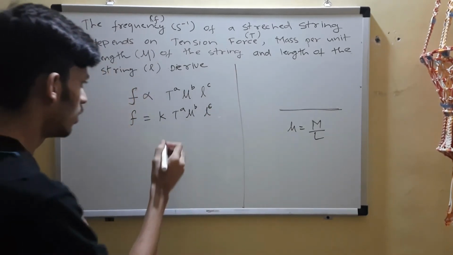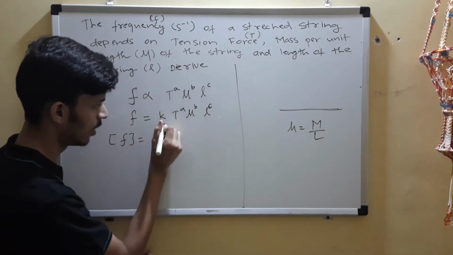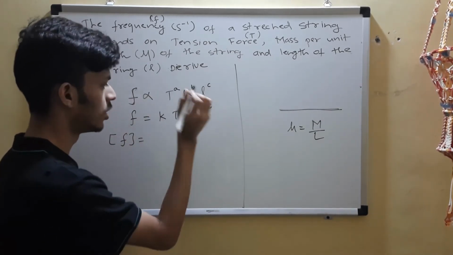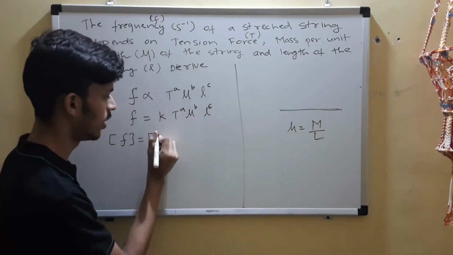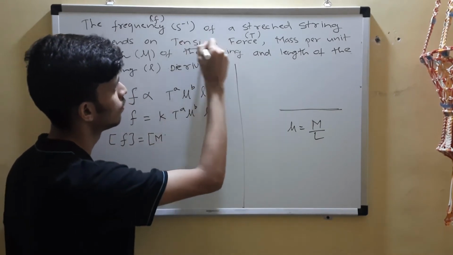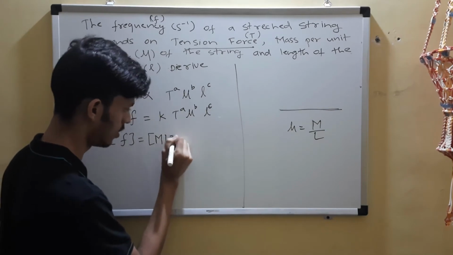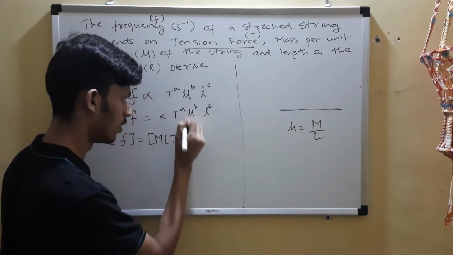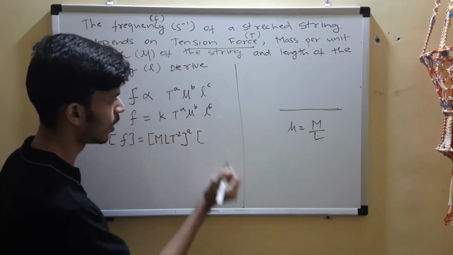Okay, now what do we do? Take dimensions. Frequency, and this is a dimensionless constant, it flies off. Here we have T is tension, not time. M, so it's a force, tension force. So mass into acceleration raised to A, so A will get multiplied to each of the powers.